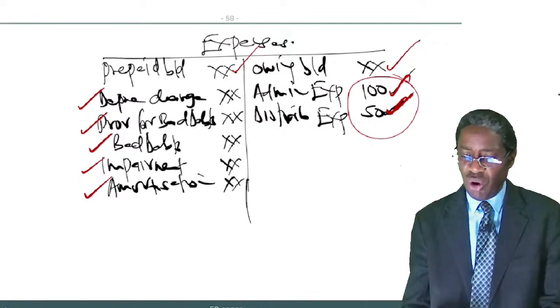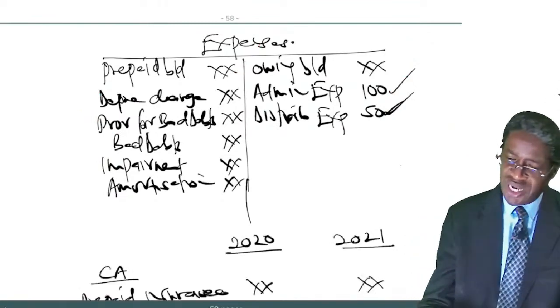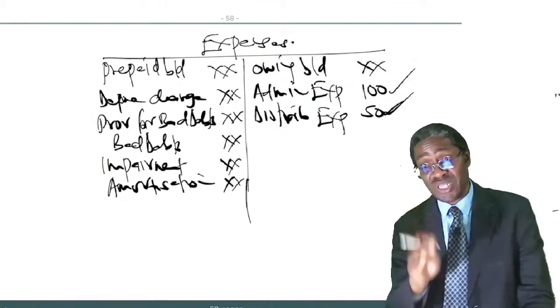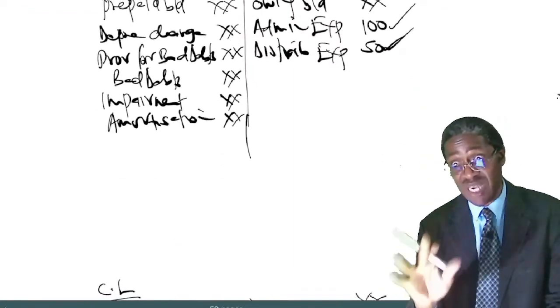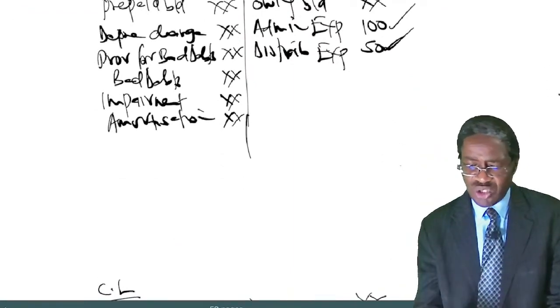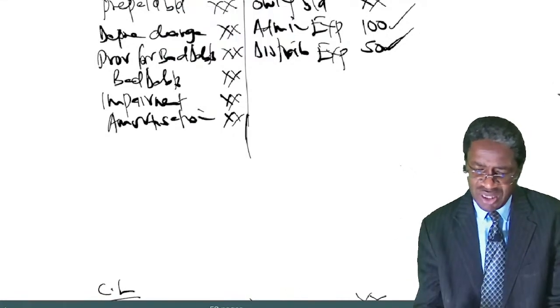Once you're through with the non-cash items, then you go to the balance sheet by the end of the year now. See what you are carrying down by the end of the year.